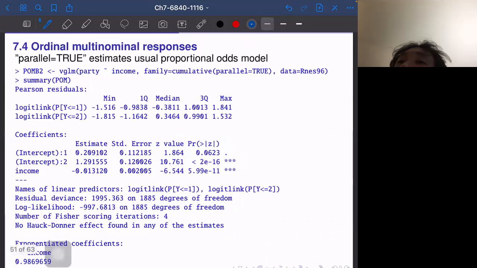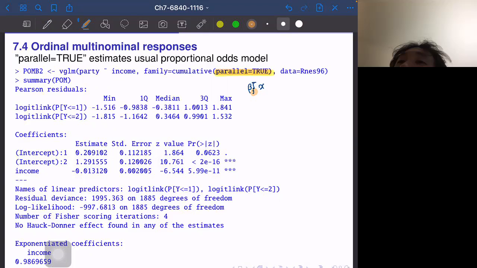Now let's think about this function again. In the previous slide we specified parallel equal to false, but this time it is true. Then the beta j transpose x from the previous page has the j dropped. So beta common, the beta transpose x, is always parallel in the space of the predictors.